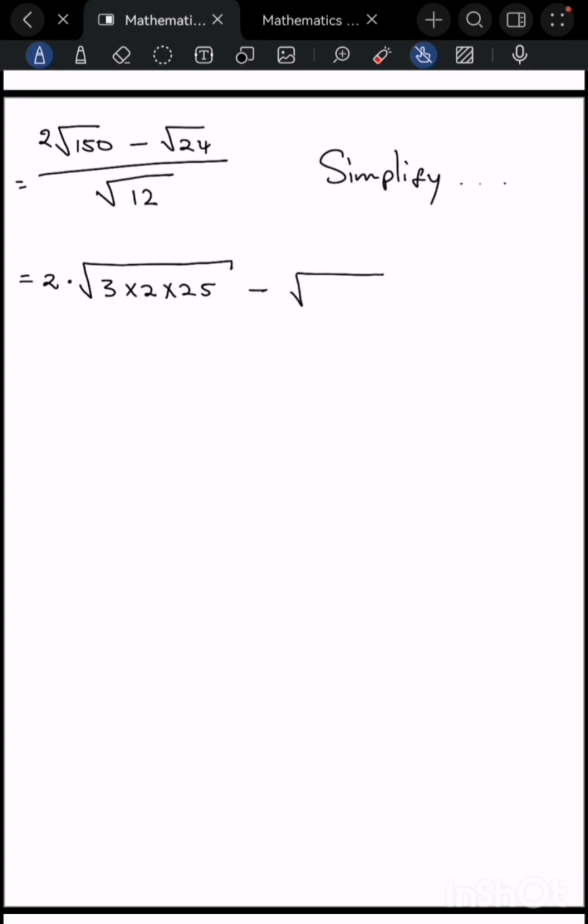Minus the square root of 24, which is going to equal 2 times, let's go with 4 times 3 times 2, all divided by the square root of 12, which is going to be 4 times 3.